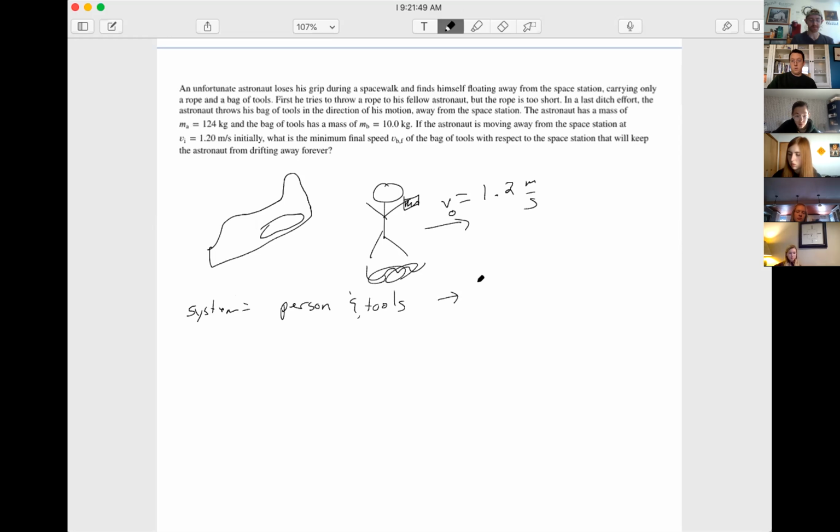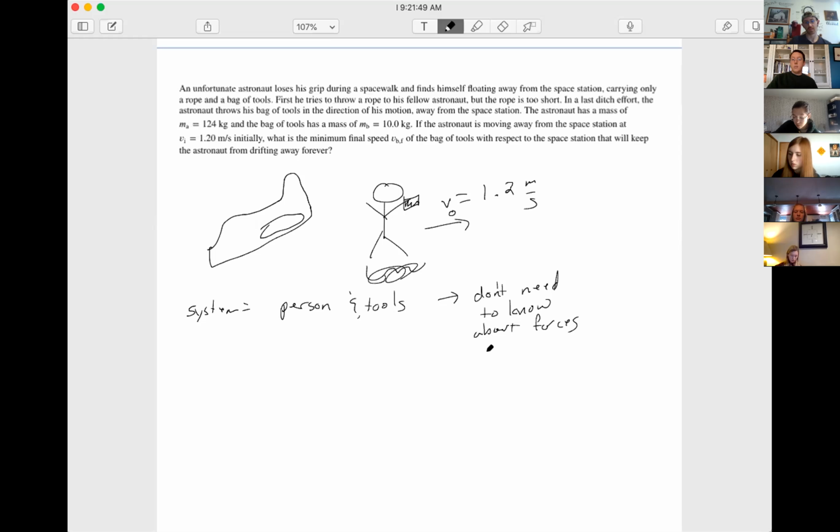So we don't need to know about the forces between them.